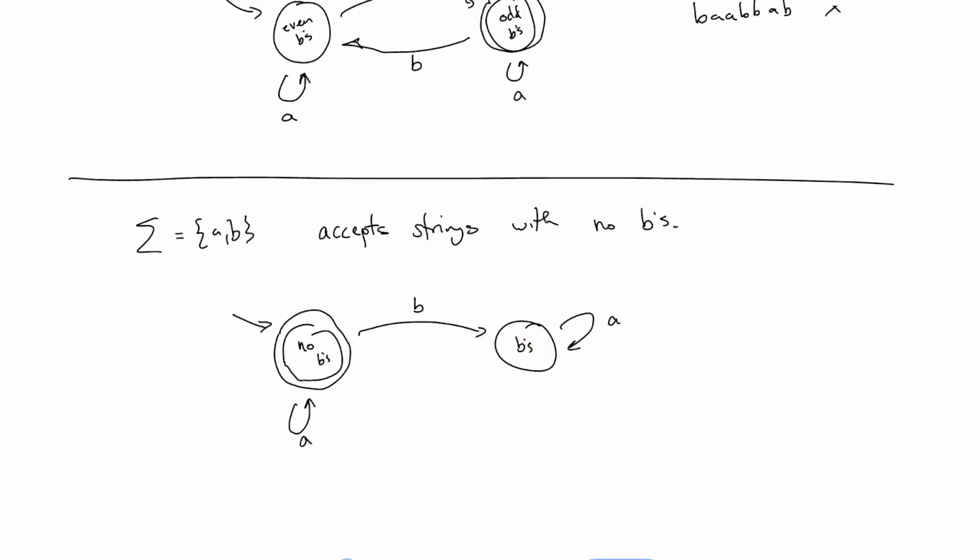You could draw another loop if you like, although the way we always draw it is like that. If you have two arrows going to the same place, we just write one of them and label it twice. That's how they do it in our book. And I think that's it. This is a DFA which accepts strings having no B's.